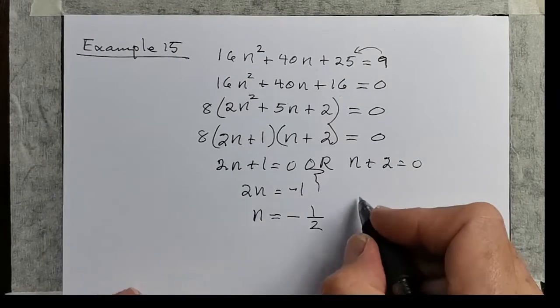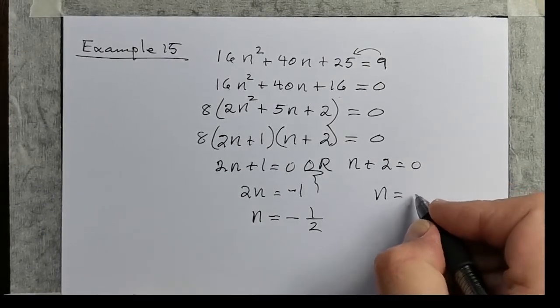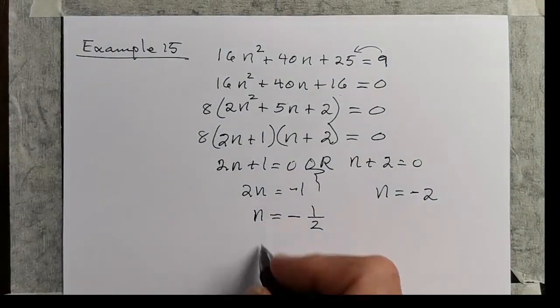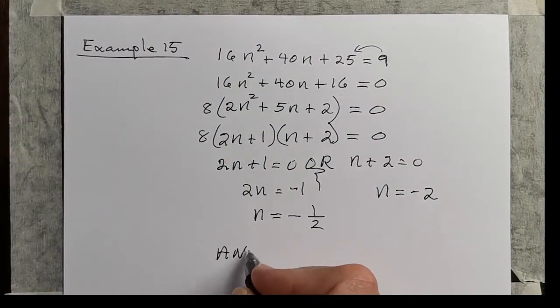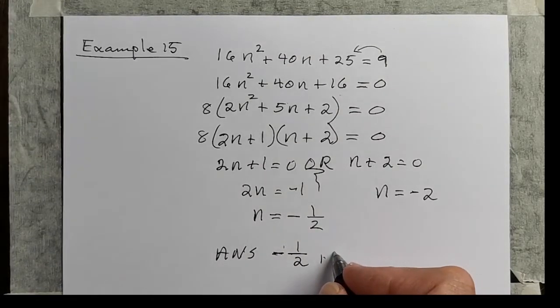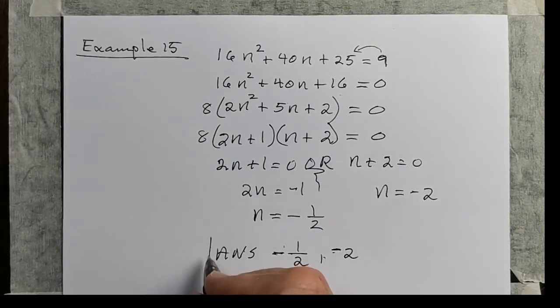Okay? In the second case, n is just negative 2. Take the 2 to the other side. So my answers will be negative 1/2 and negative 2.